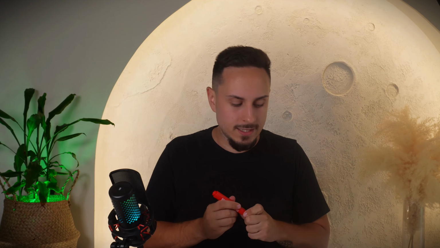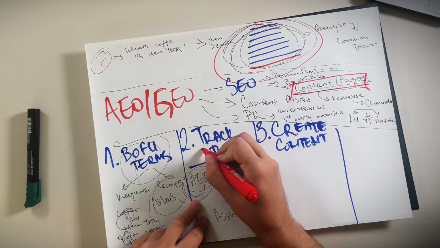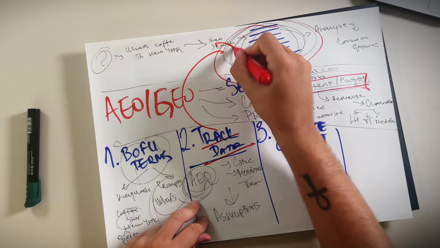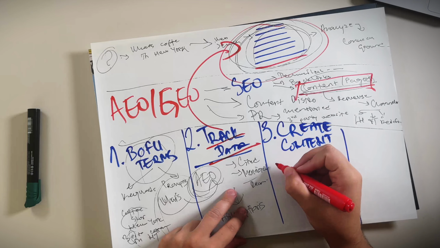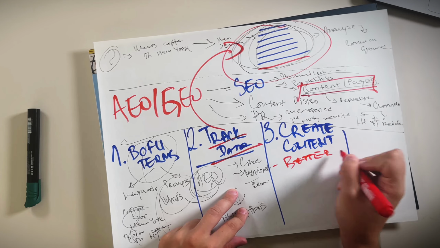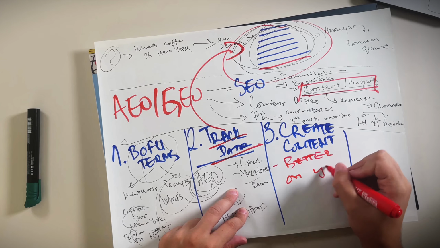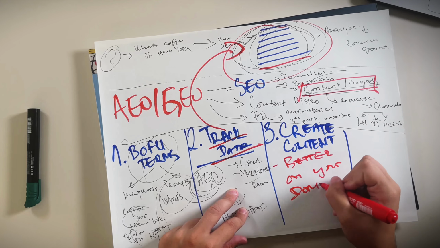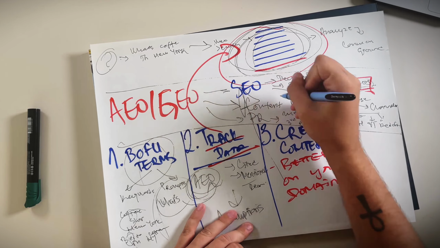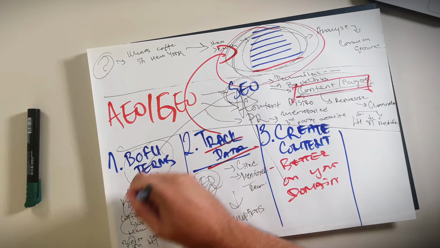And in order to do that, you need to again track data so you can see what are all of these sources over here. You can see what type of articles AI cites, and you can create a better version of those articles on your domain, right?